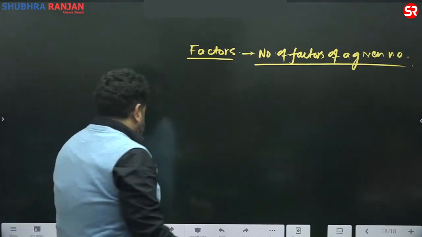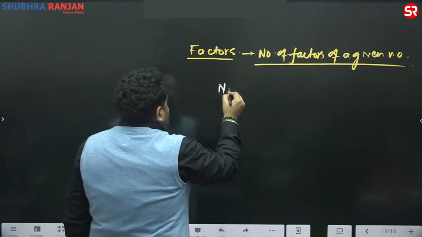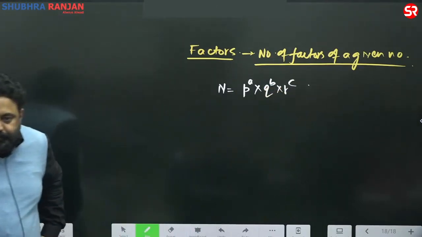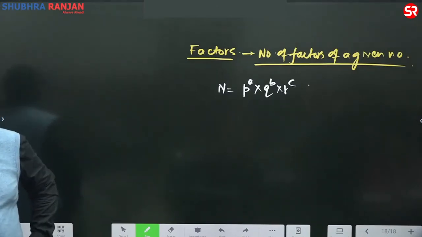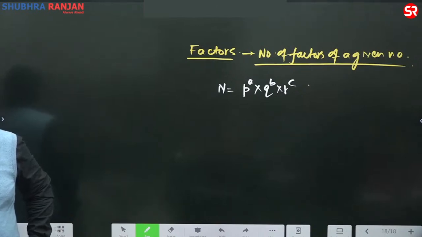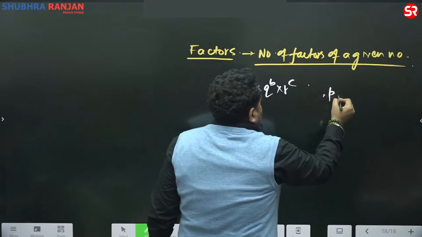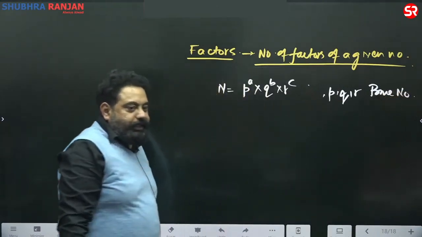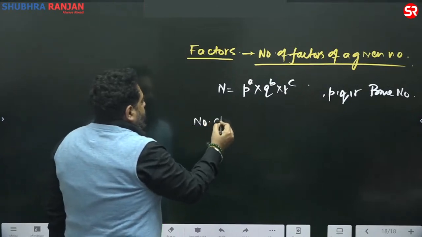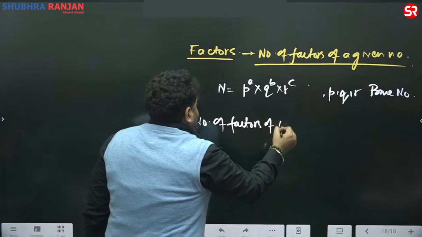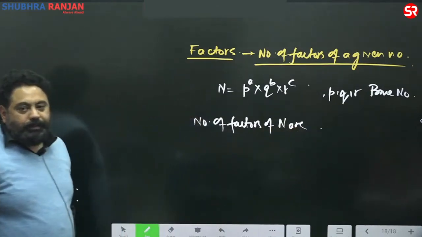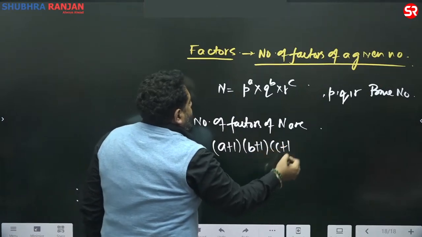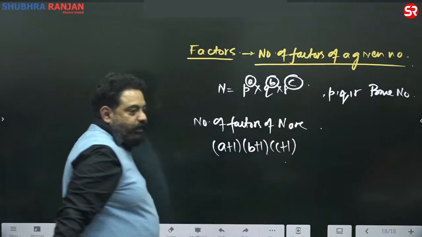If you are given a number N, which is equal to p to the power a into q to the power b into r to the power c, where p, q and r are prime numbers, then the number of factors of N is (a plus 1) into (b plus 1) into (c plus 1). For any powers, please add 1 to each and multiply them.